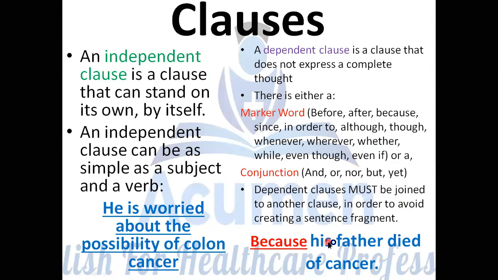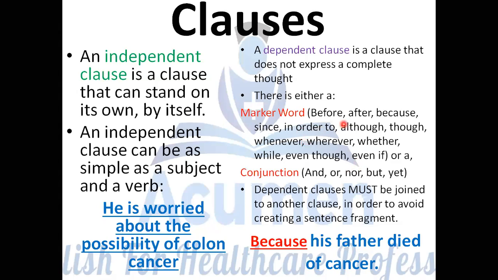Any independent sentence, if you add these words in the beginning of those sentences, they become dependent sentences. When you say before, after, because, since, in order to, though, although, even if, whenever, wherever, whether, while, or even though. Okay?